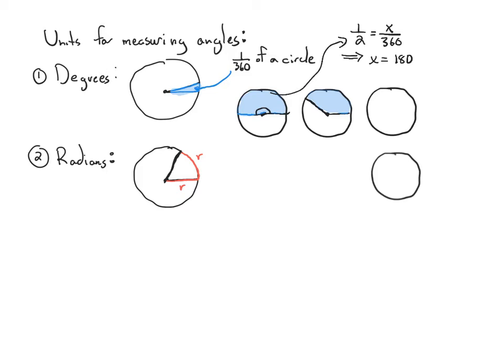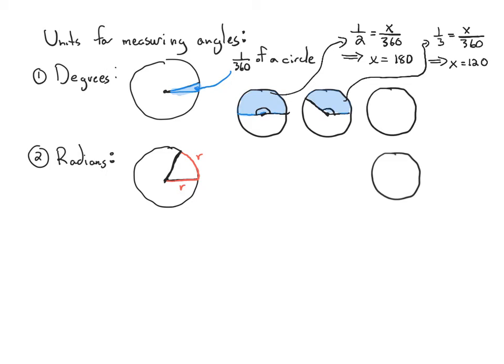I want this pen. So 1/3 of a circle, how many degrees out of 360 is that going to be? Again, let's solve for x here, and I'll leave that as an exercise again, but you should see that x is 120.